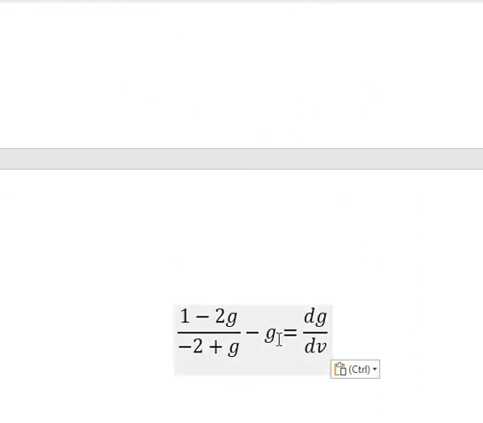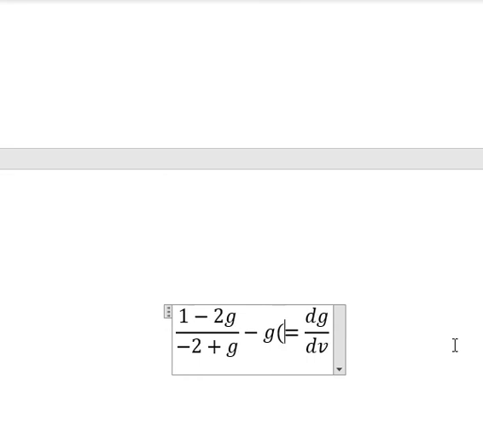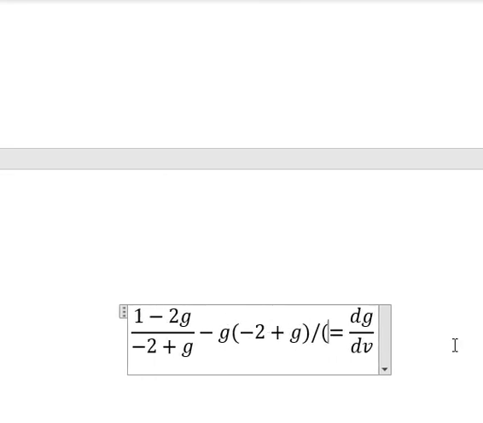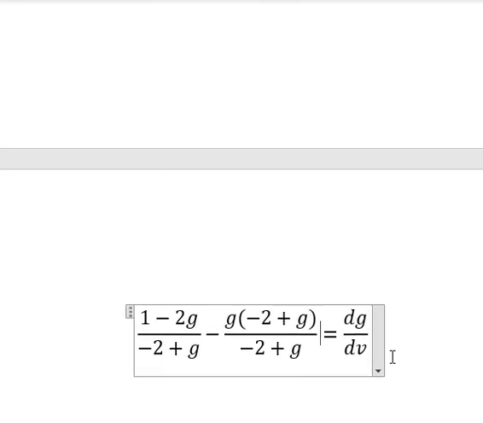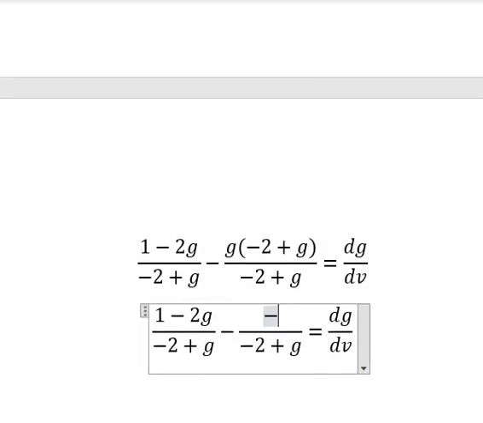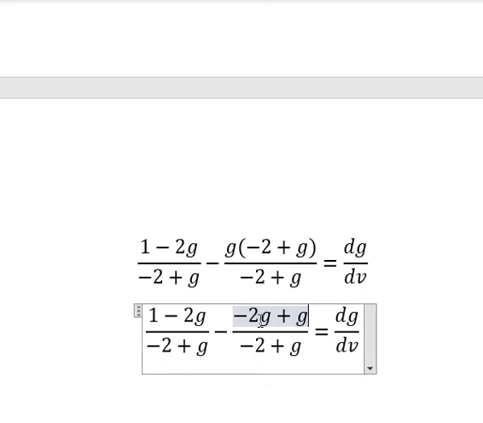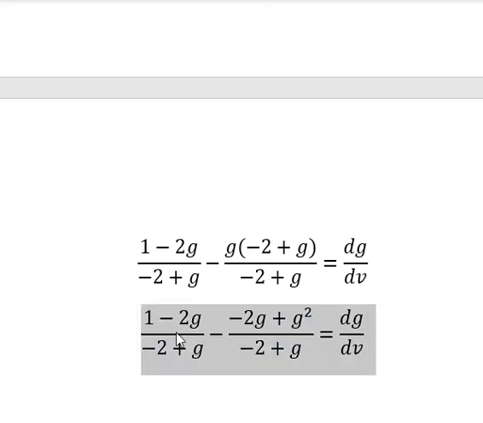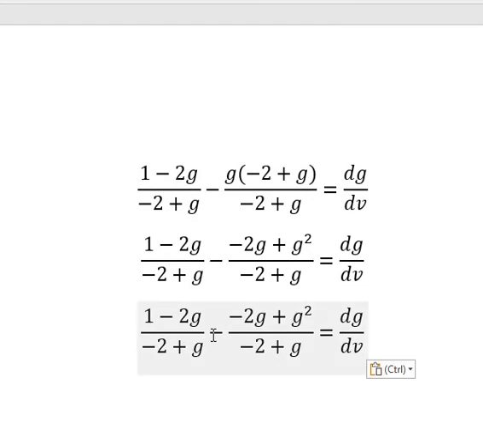Next, we do common denominator. So this one, we have negative 2z plus z to the power of 2. So negative will change the sign of this one.